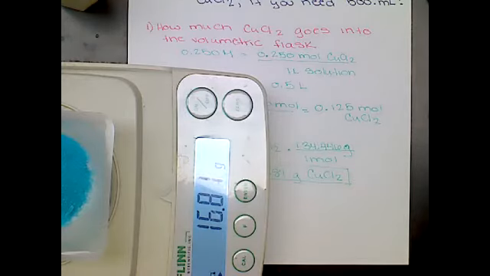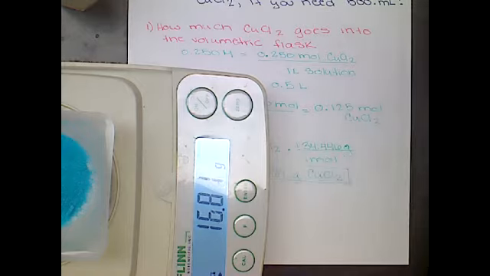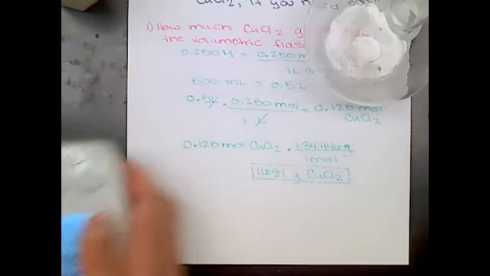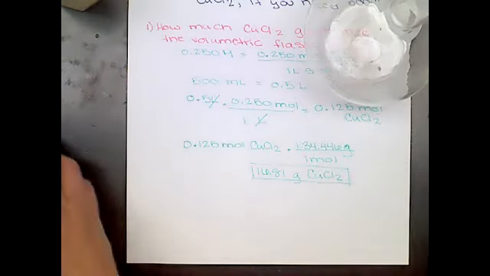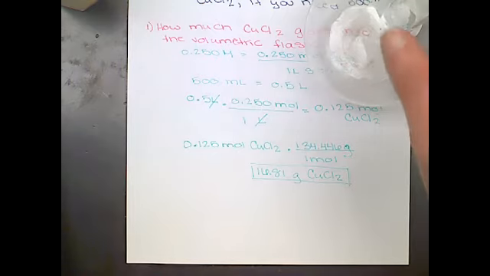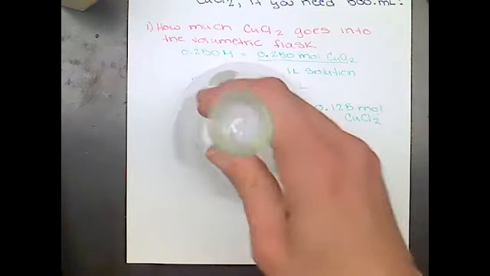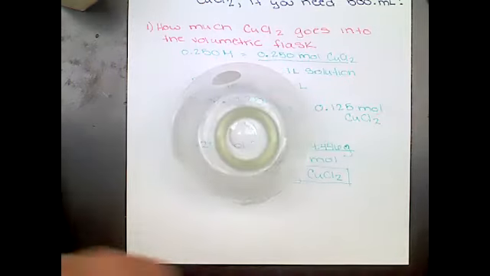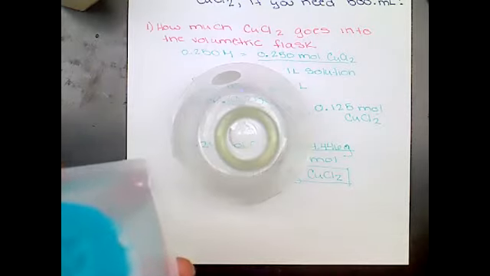So once you have that weighed out, what you want to do is grab your volumetric flask. And you are going to quantitatively add it to your volumetric flask. What that means is that I want to make sure that every bit of what I weighed out gets in there.